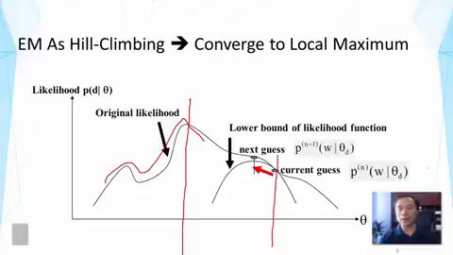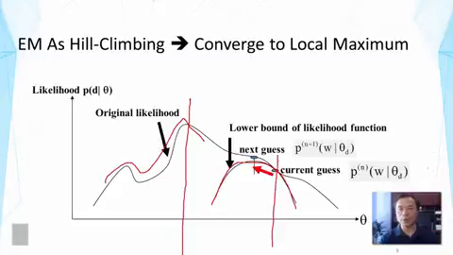And in the EM algorithm, the way we achieve this is to do two things. First, we'll fix a lower bound of the likelihood function. So this is the lower bound, you can see here. And once we fix the lower bound, we can then maximize the lower bound. And of course, the reason why this works is because the lower bound is much easier to optimize.